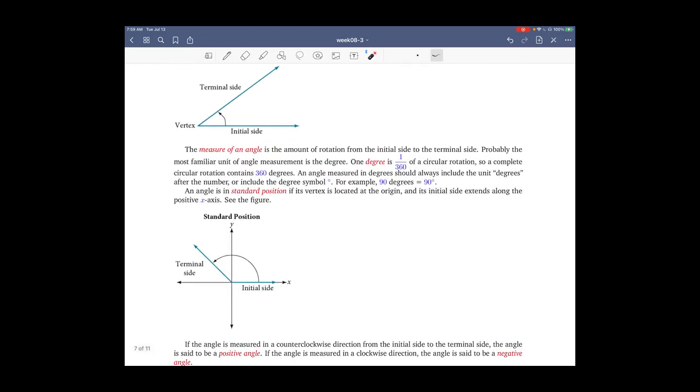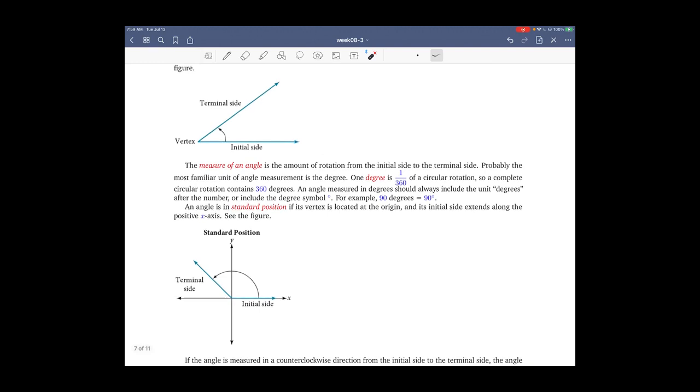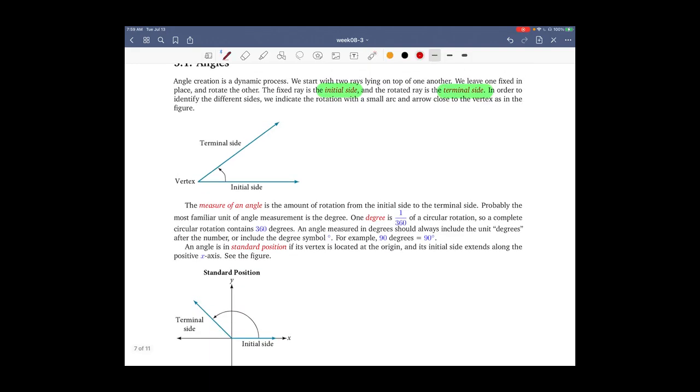The measure of an angle is the amount of rotation from the initial side to the terminal side. We will measure angles in degrees and radians. 1 degree is defined as 1 over 360 of a circular rotation.